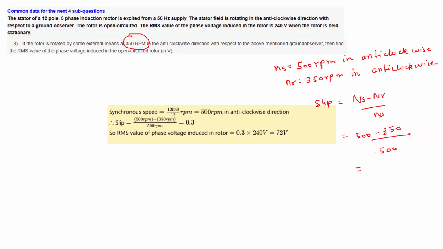You will get 150 by 500, which comes out to be 0.3. Now, you just have to remember that E2 rotating is slip times E2 stationary. So this is 0.3 times E2 stationary, which is 240 volt. This is 72 volt.